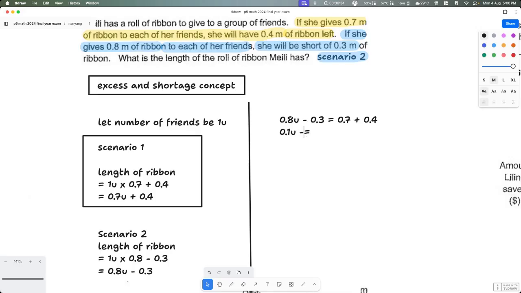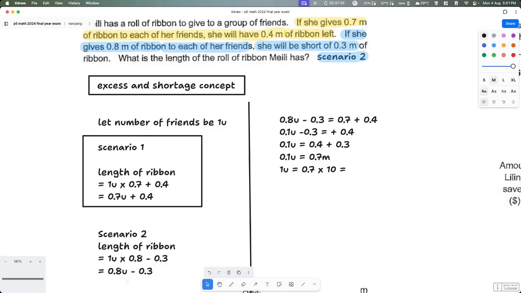Then 0.1 unit is equal to 0.4 plus 0.3, so this will be 0.7 meters. So 1 unit is equal to 0.7 times 10.